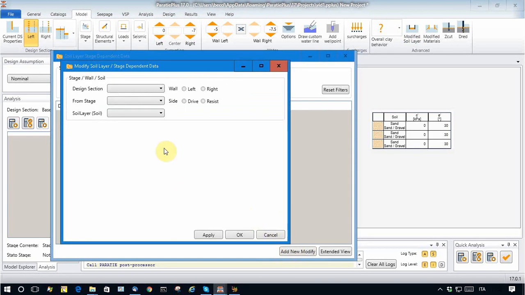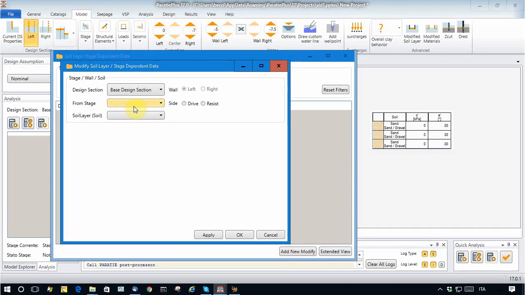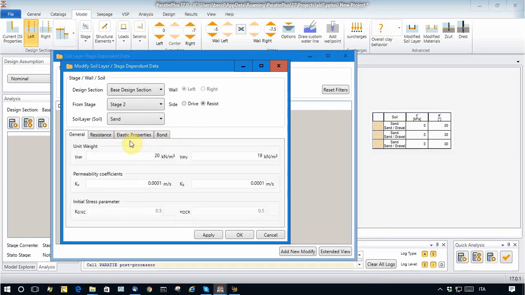We add a new modification from stage 2, the side resisting, and the soil layer is the second one. What we do is to reduce, let's say, by 2 orders of magnitude the permeabilities.